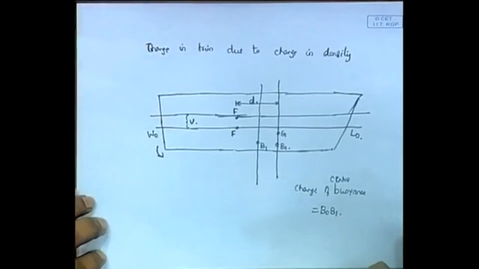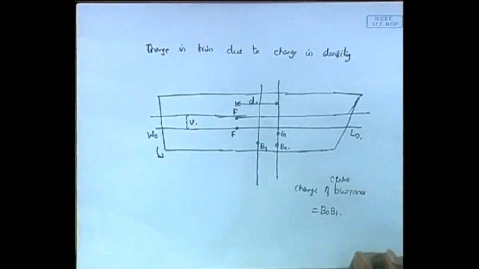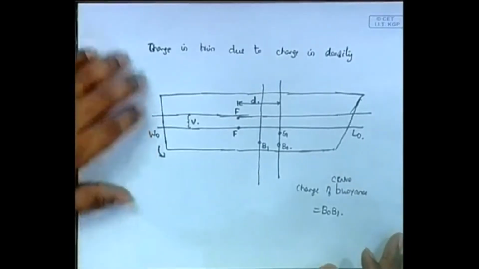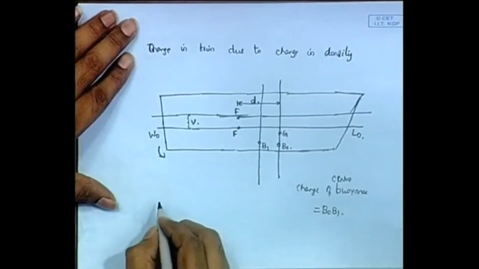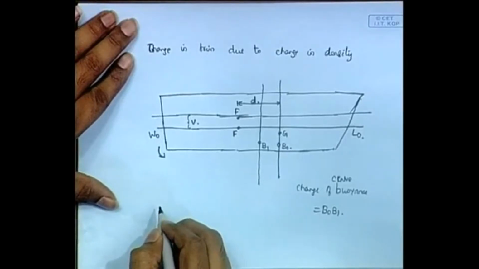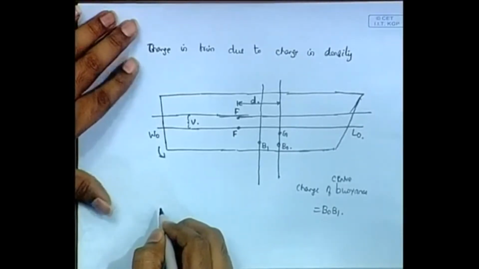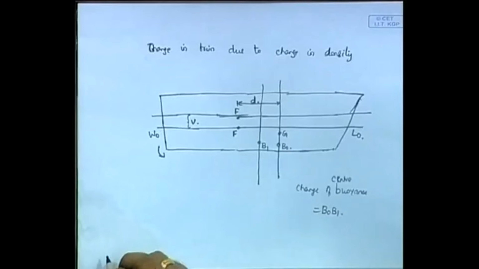Therefore we see that a volume V has been added and the center of buoyancy has moved from B0 to B1. So there is a shift B0 B1 in the center of buoyancy. Okay, now with this data let us do the thing. Now a small volume V has been added.